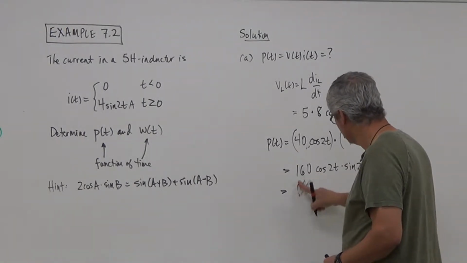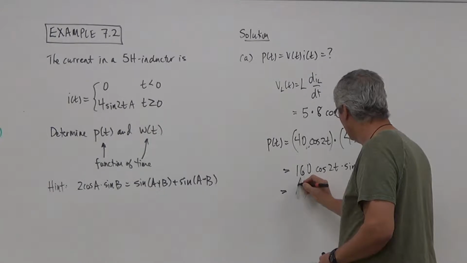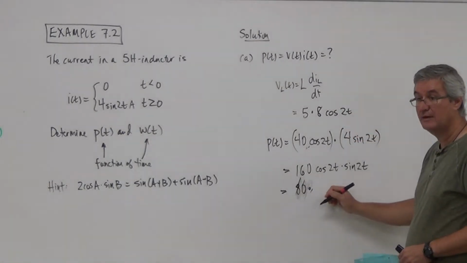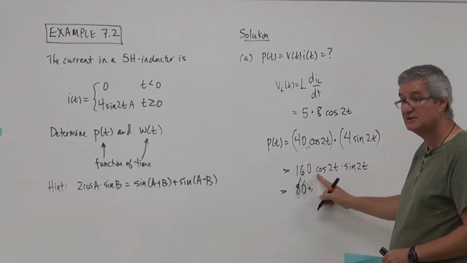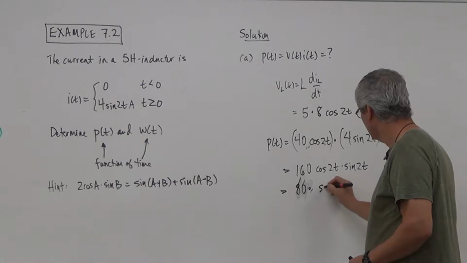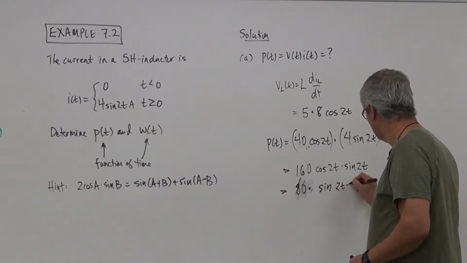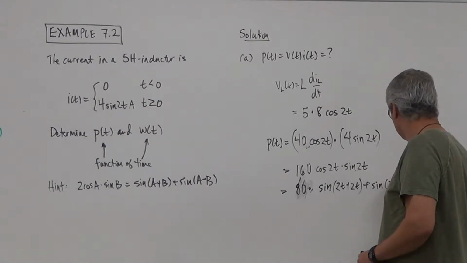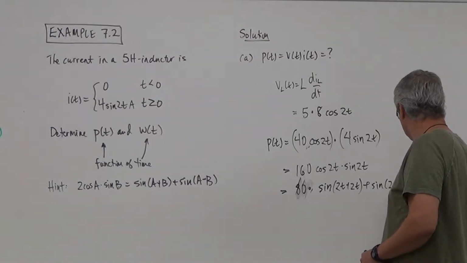Actually, let me write this slightly differently. So I'm going to get 80, and then I have the 2. So look at that. I have 2 times this, which then gives me this identity. So then I'm going to get sine of 2t plus 2t plus the sine of 2t minus 2t.